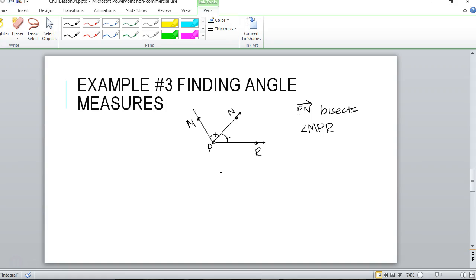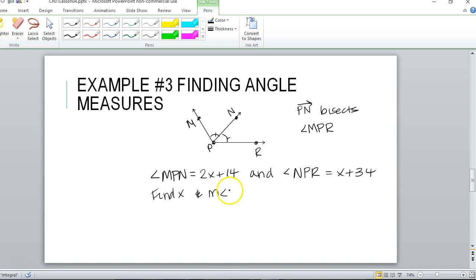All right, so let's talk about some things that we could be asked of problems like this. If angle MPN is equal to 2x plus 14, and angle NPR is equal to x plus 34, find x, and the measure of angle NPR.